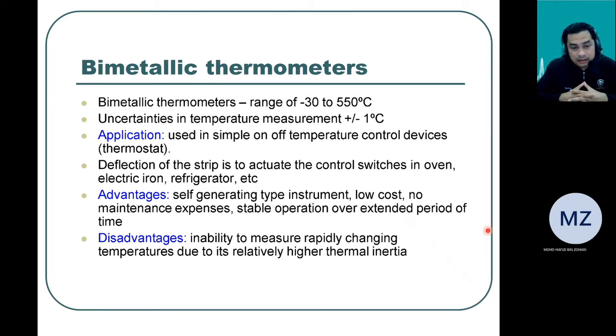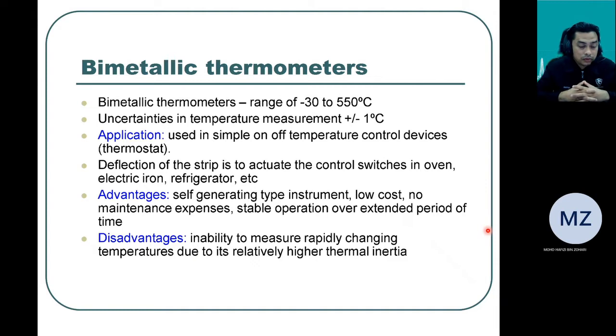For those who are familiar with this one, they know how to deal with it. The thing is, this is metallic. Usually they use this one in controls that have a circuit, a joining circuit. So if the temperature increases, it will curve and disconnect the circuit.